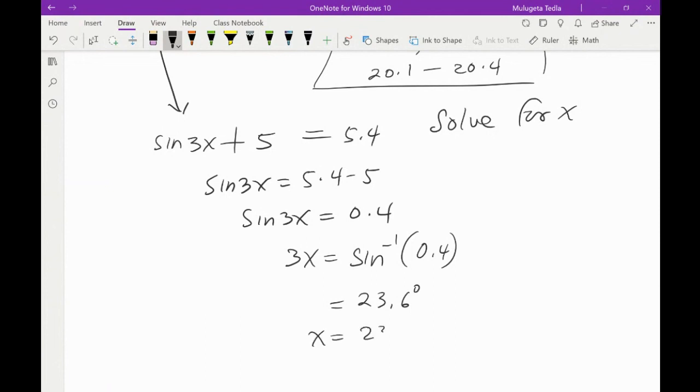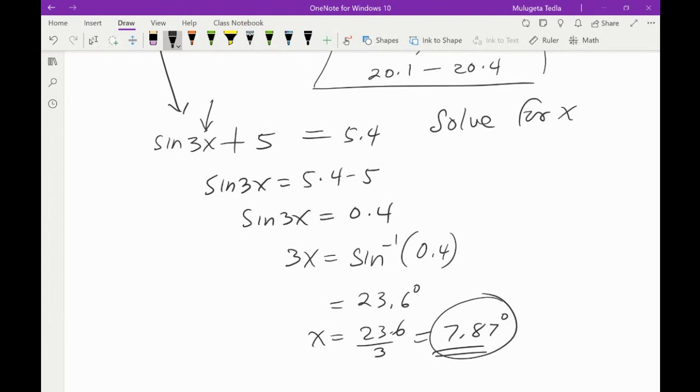Then x is 23.6 divided by 3. So then x is 7.87 degrees, you know what I mean? Let's double check. Sine of 3 times 7.87 plus 5, I got 5.4 exactly.